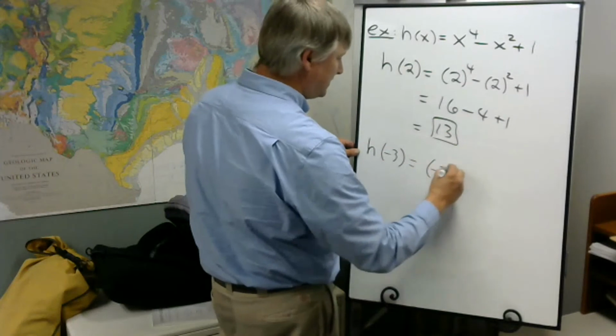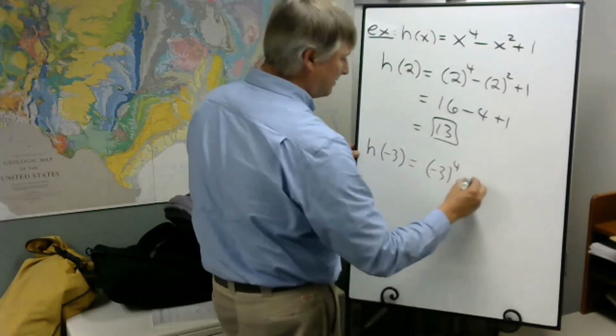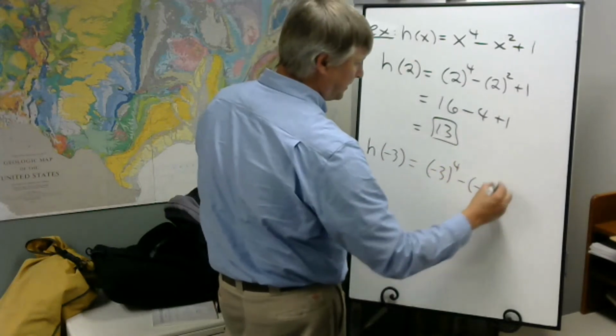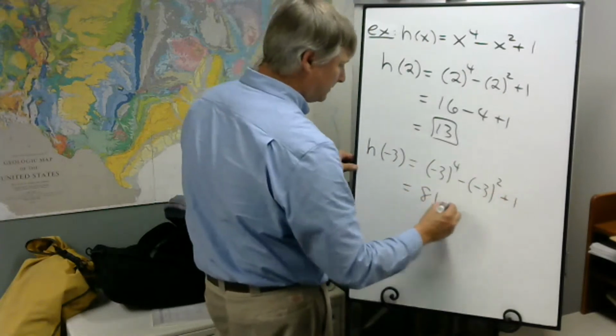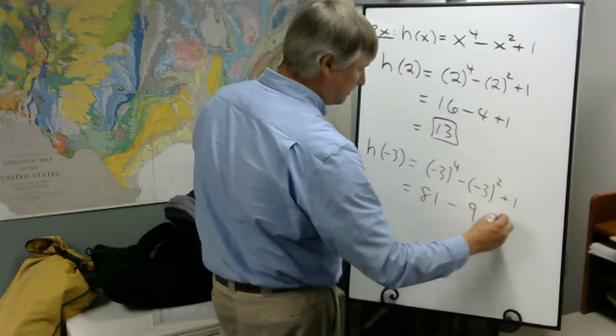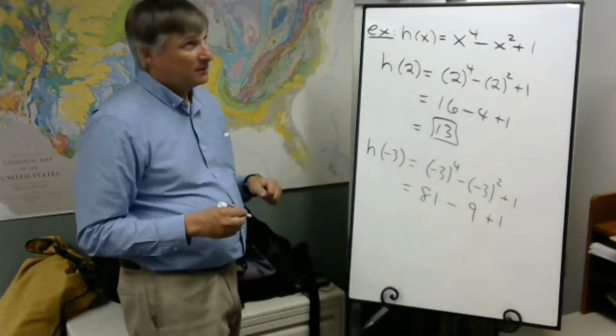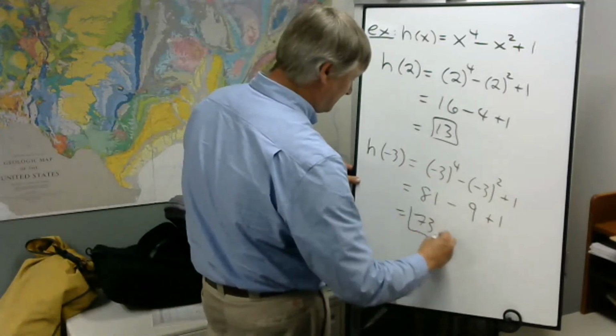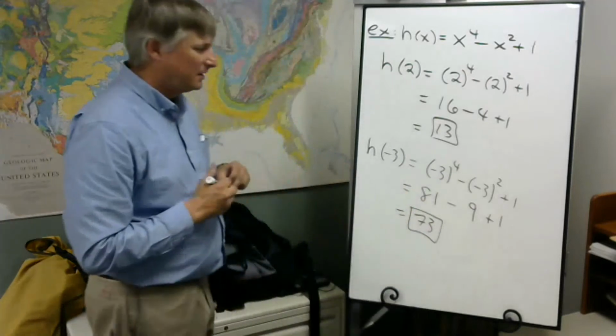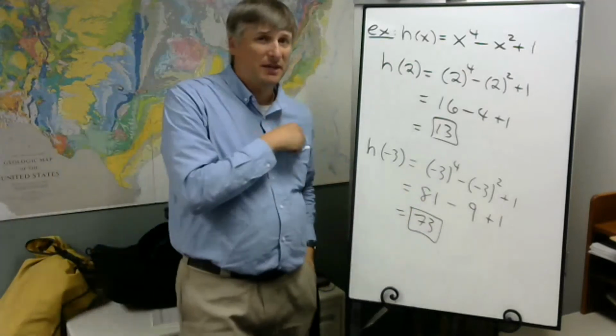This will be negative 3 to the 4th minus negative 3 squared plus 1, or 81 minus 9 plus 1. So that would come out to 73. And that's just how you use that function notation.